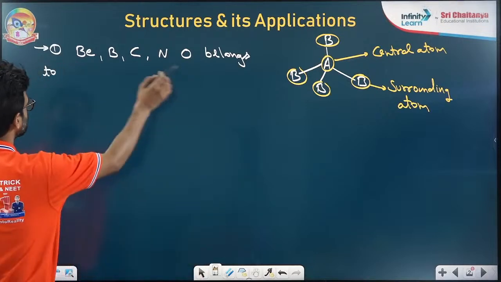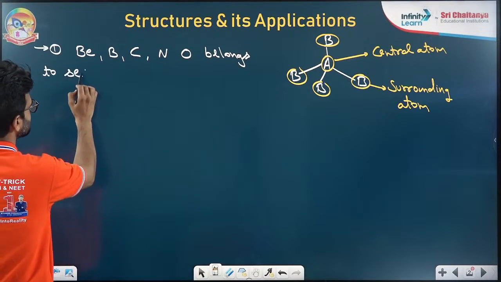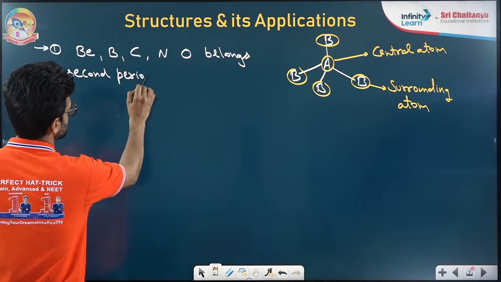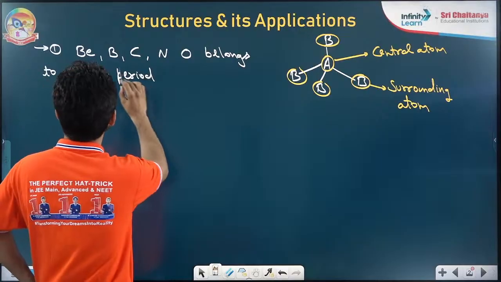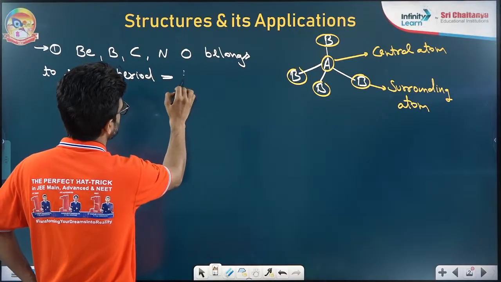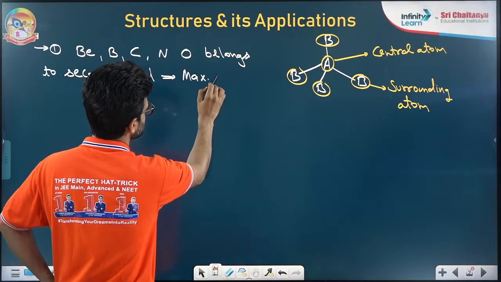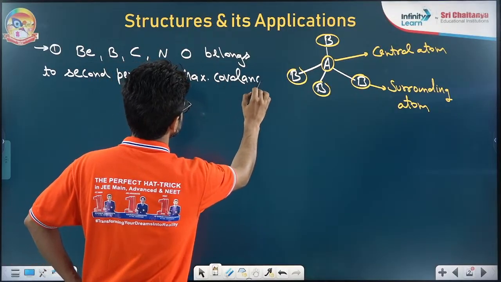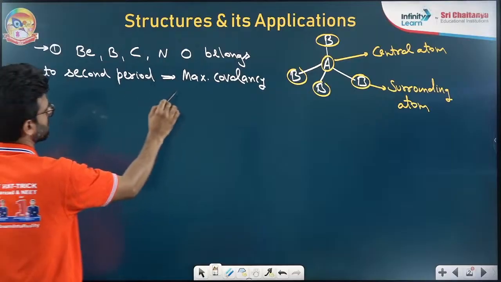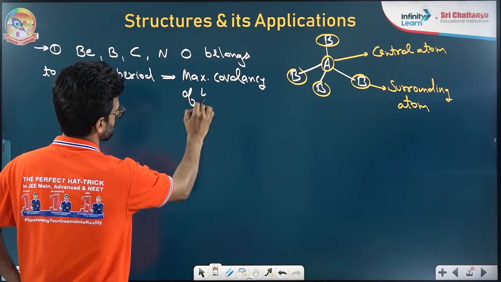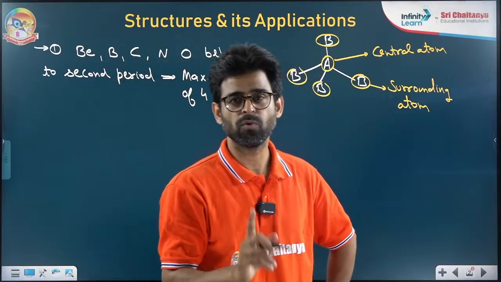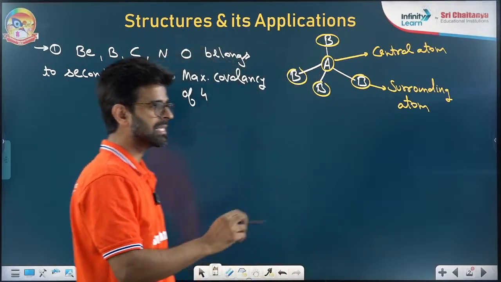So remember, these elements in compounds will have a maximum covalency of 4. These can't make more than 4 bonds.